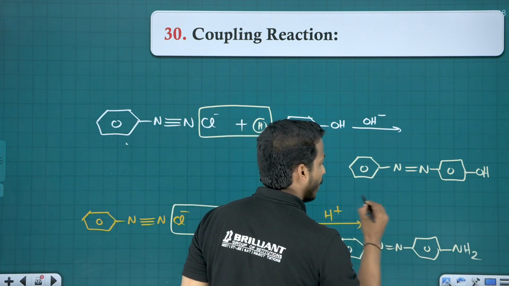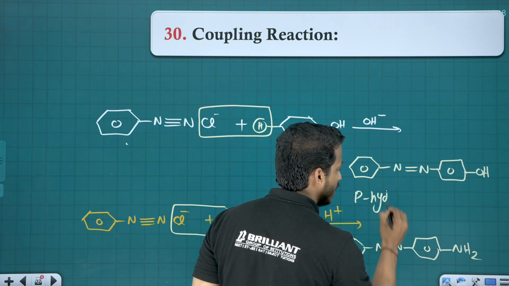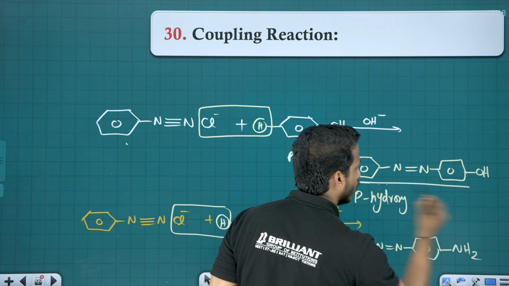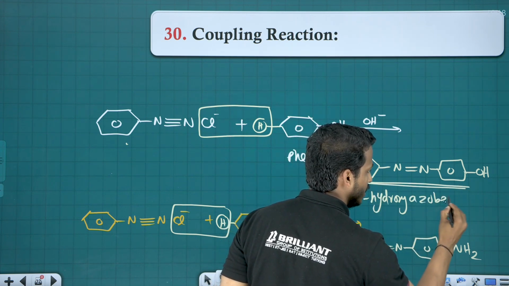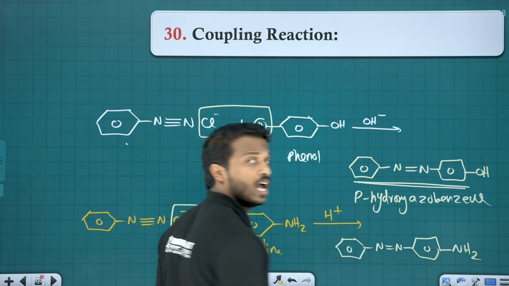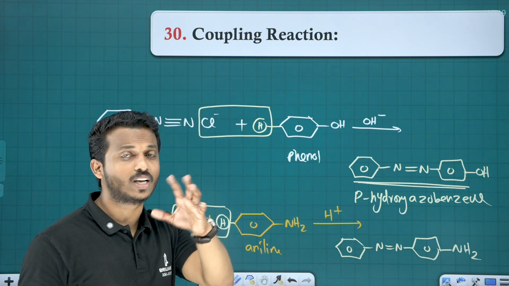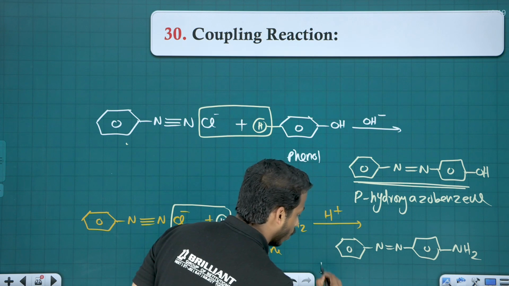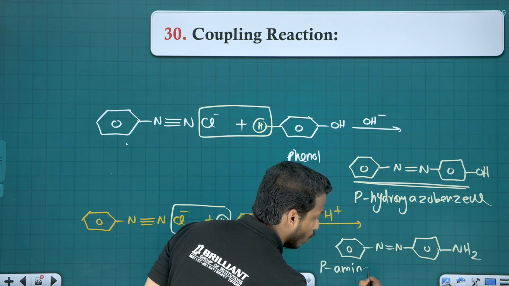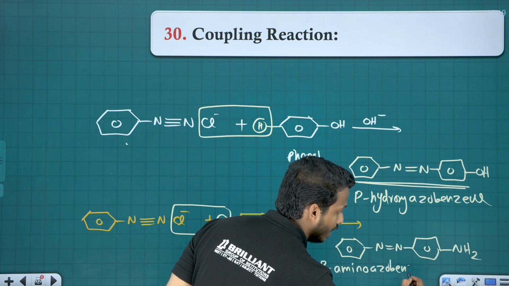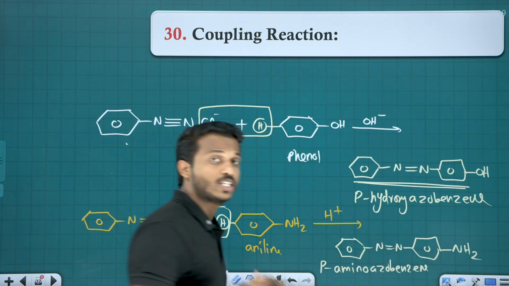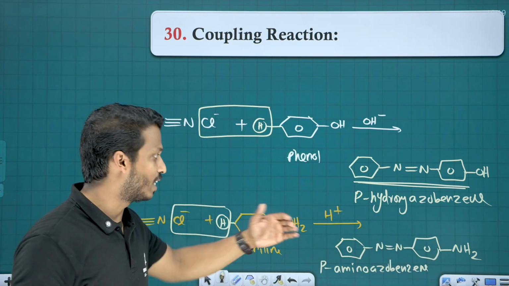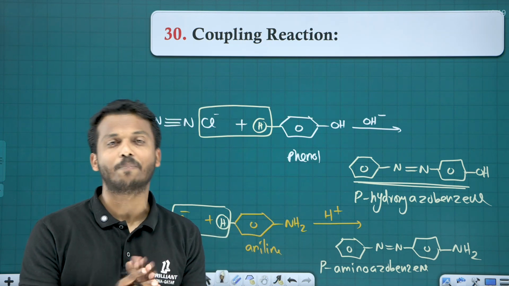This is called para hydroxy, and this entire group is called azobenzene: para hydroxy azobenzene, an orange dye. Similarly, this is para amino azobenzene, a yellow colored dye. So what reaction is this called? Azo dye formation. These are all coloring agents. Orange dye, yellow dye, like that you can prepare.